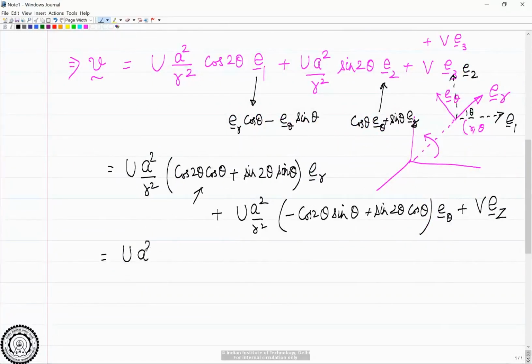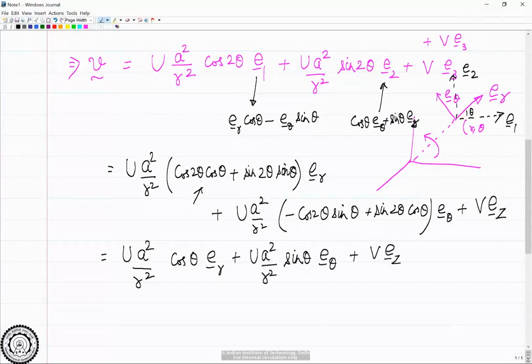So this is U A square by R square cos theta ER, and the next one is sine 2 theta cos theta minus sine theta cos theta, so that's sine theta, plus V EZ.